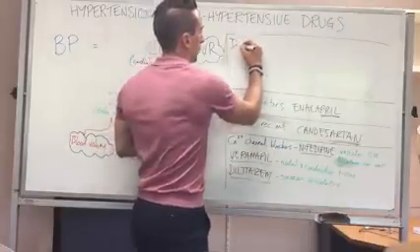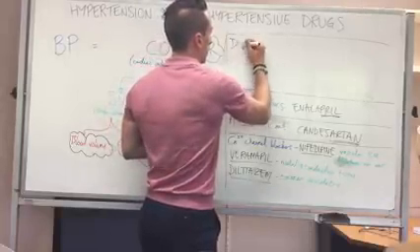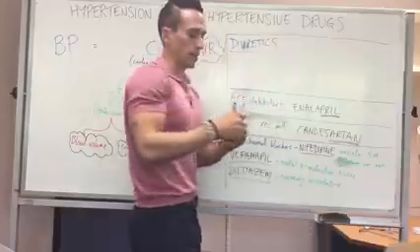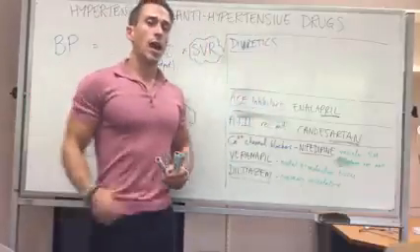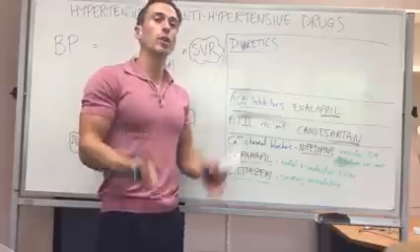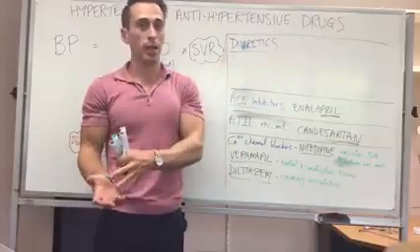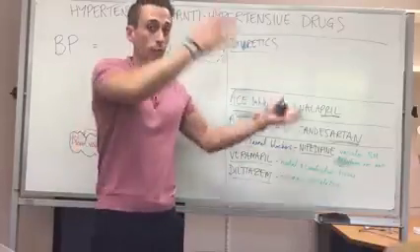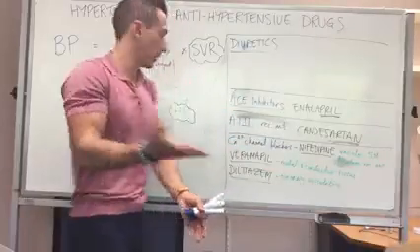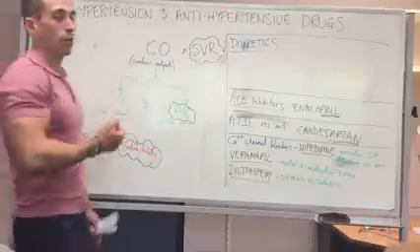Now, the diuretics act at the kidneys, specifically at the nephrons, and predominantly reduce sodium reabsorption, which means increases the amount of sodium that gets peed out, which means increases the amount of water that follows, increasing the volume that you pee out, reducing blood volume, reducing blood pressure.